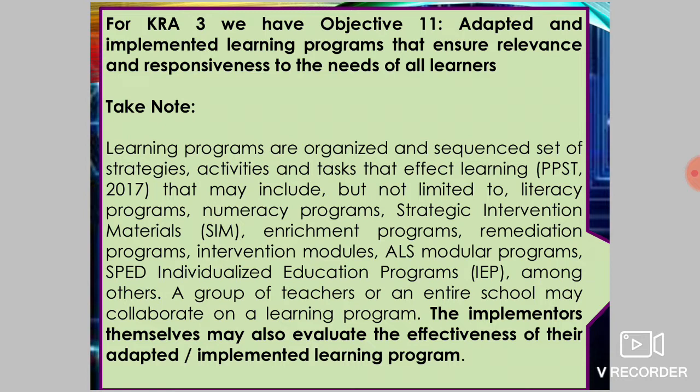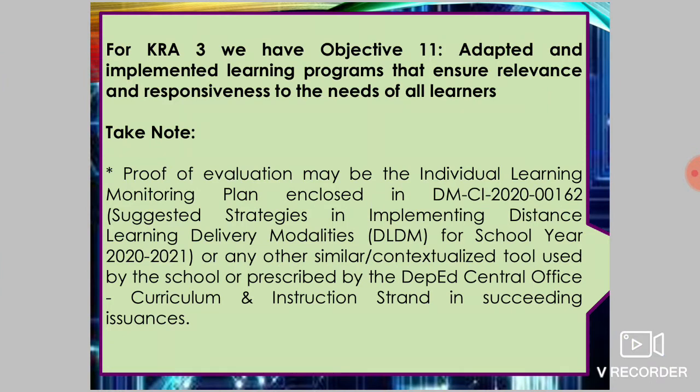Basta yung may connection siya doon sa adopted and implemented learning program that ensures relevance and responsiveness to the needs of all learners. Okay, and make sure na meron siyang measurement and evaluation procedure. Alright? So, another, pwede ka rin gumamit ng individual learning monitoring plan since ang pandemic, at ano yung ginawa mo doon in terms of those learners na hindi nagpapasa ng mga papers or mahina or mababa yung mga scores. So, anong ginagawa mong remediation?